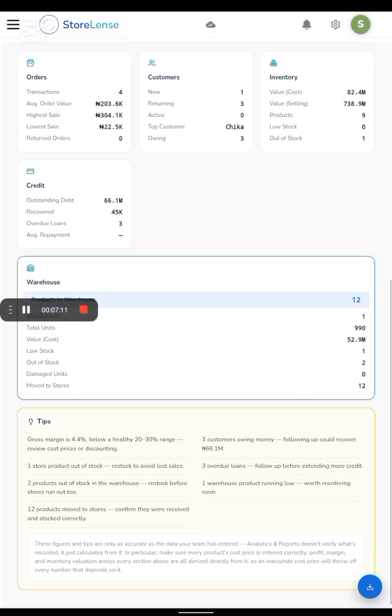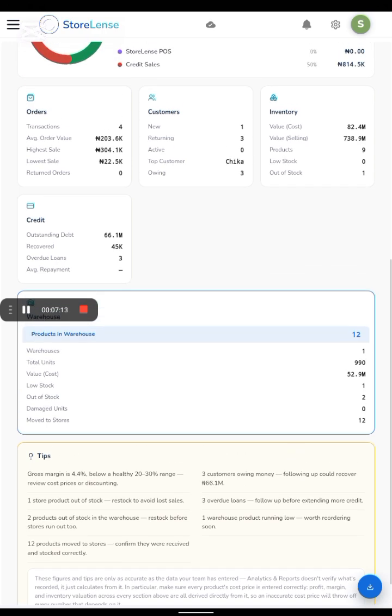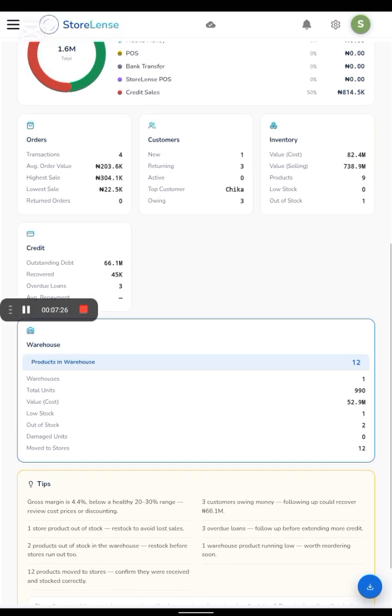Now again you will see the warehouse. It will show you the products in my warehouse. How many are there? How many warehouses do I have? What are the total units? Remember, in this place it's showing us that we have 12 products in our warehouse.